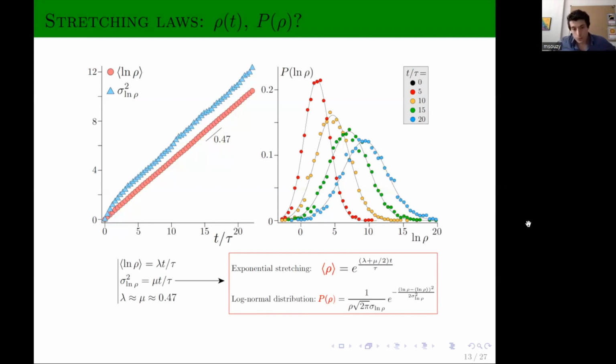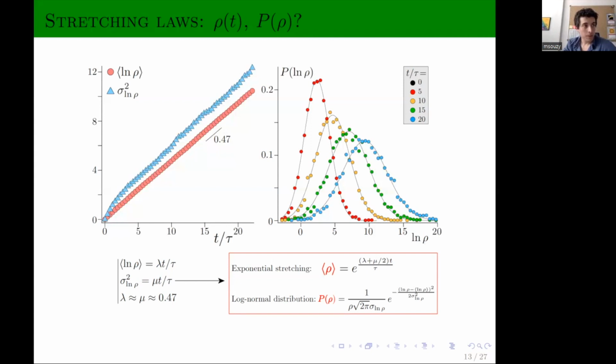And so what we see here is that on average, the average rho is exponentially increasing in time in 3D porous media. And this is actually a quite important and striking result.